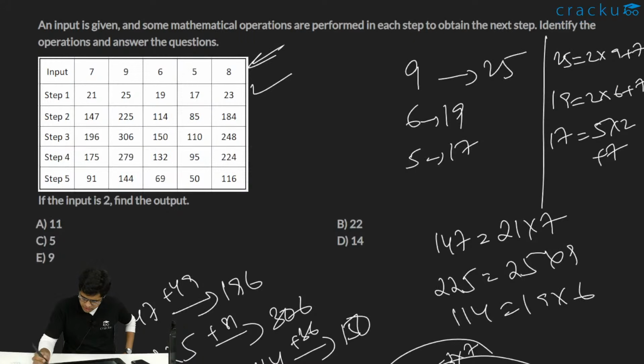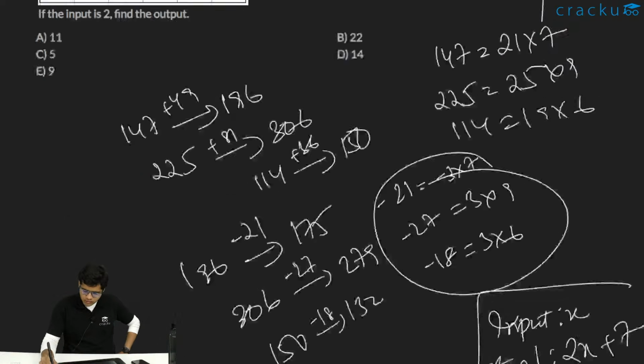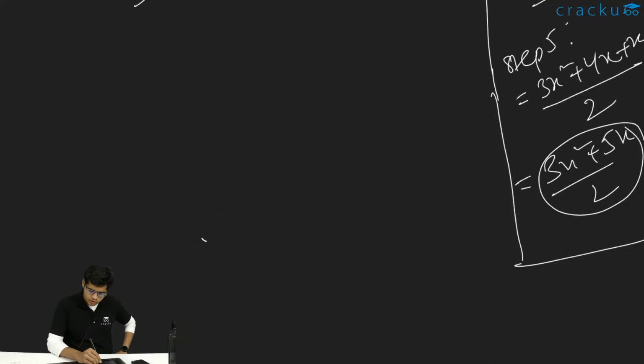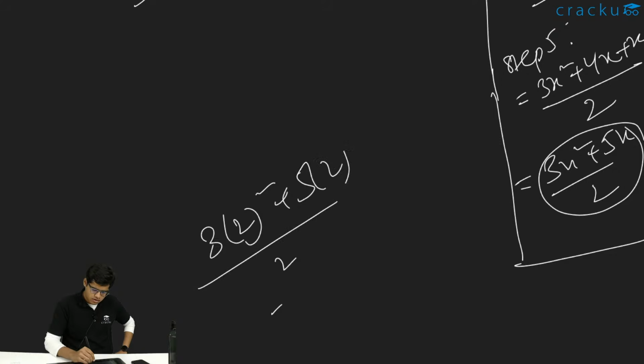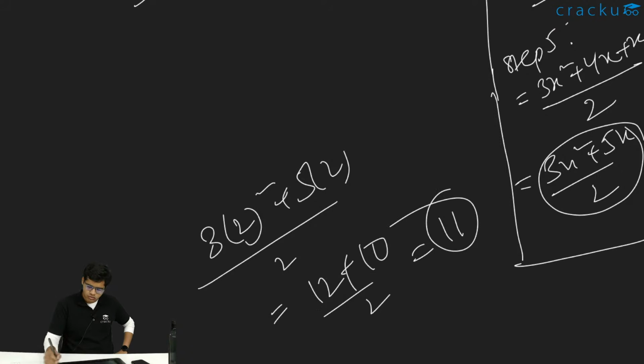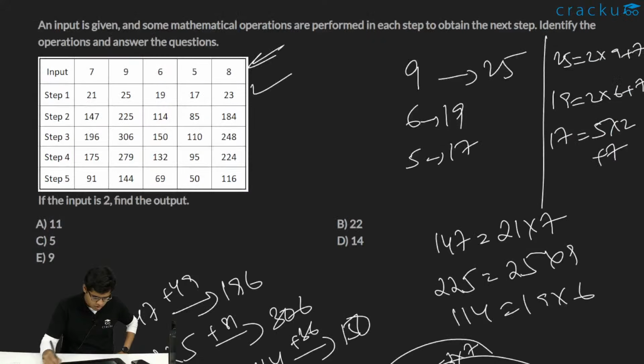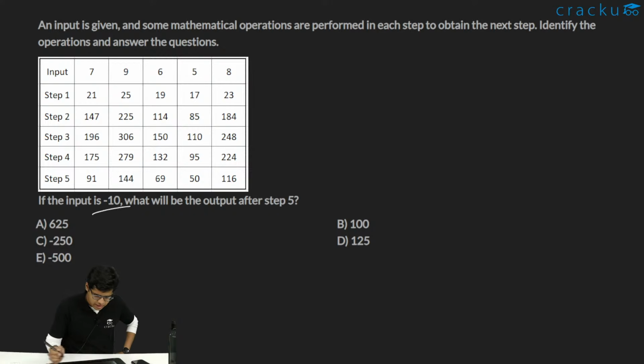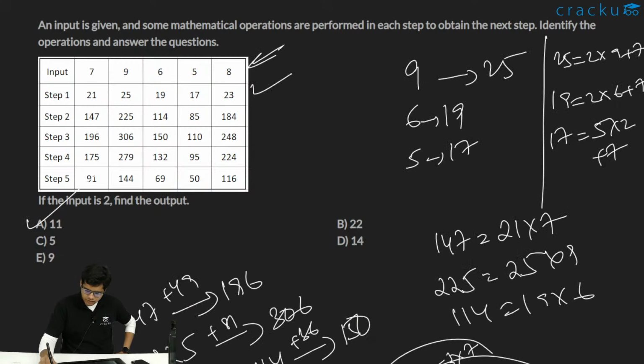Let's answer the question. Input is 2, find the output. So 3 into 2 square plus 5 into 2, by 2. 2 square is 4, 4 times 3 is 12, 12 plus 10 by 2 is 11. So the output will be 11. Option A is the right answer. Then input is minus 10, output after step 5.